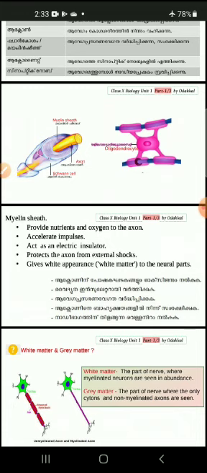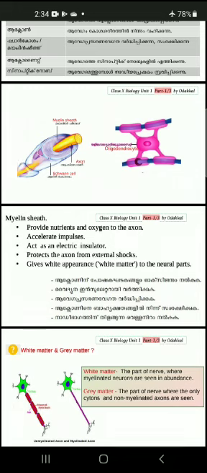The impulse will travel only from dendrite, dendron, cell body, axon, axonite and synaptic knob. The direction of impulse will be in this direction, not from any other entry like the axon or axonite. The axon will not permit any electric impulse to enter through that part because the axon is insulated by a myelin sheath.